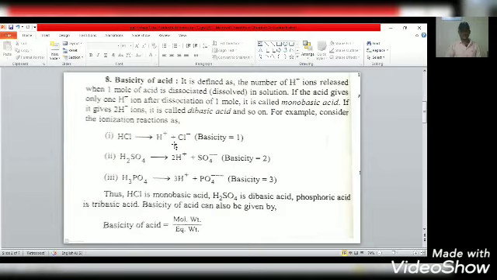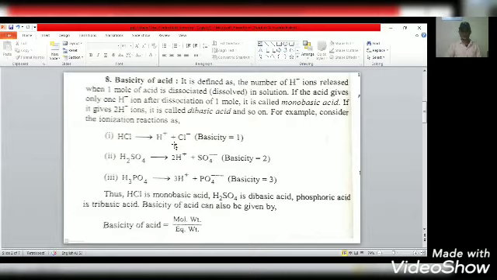HCl dissociates into H plus and Cl minus. There is one hydrogen present in HCl, so the basicity is 1.